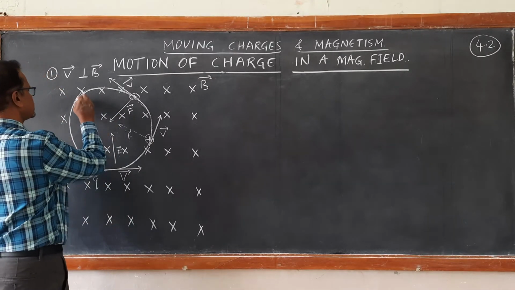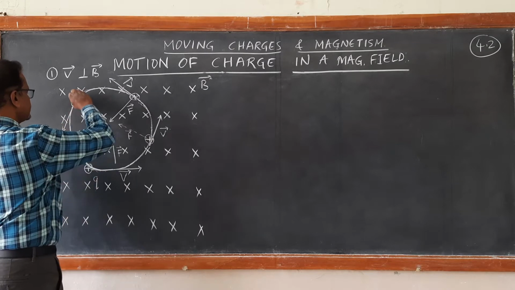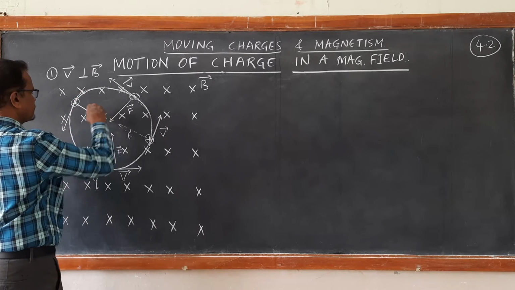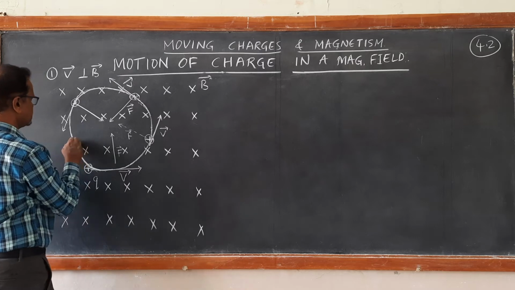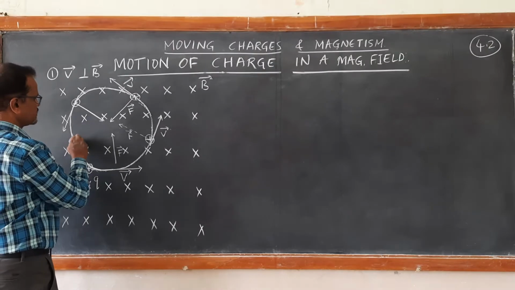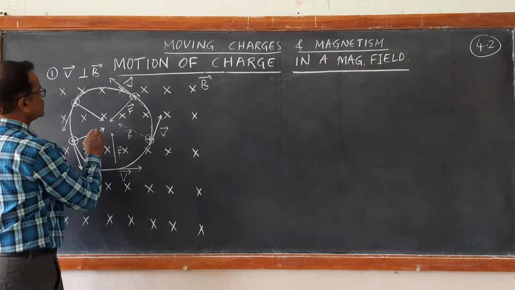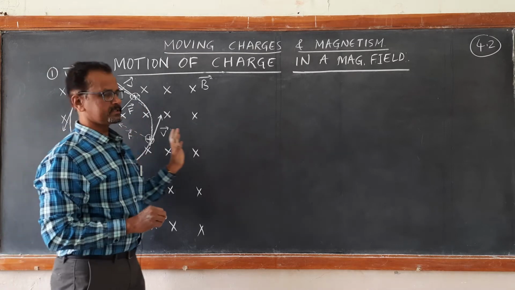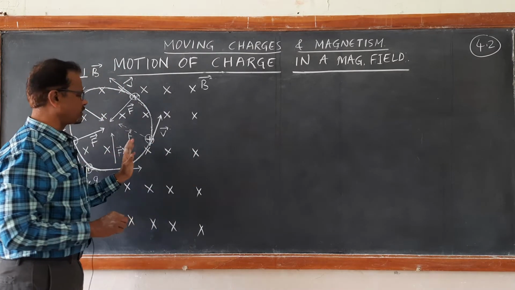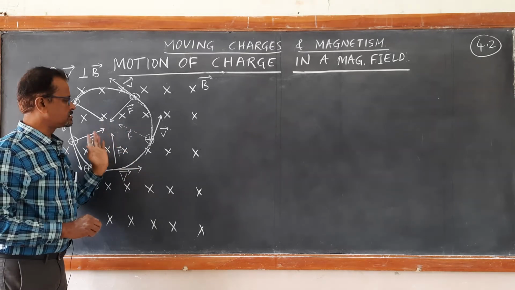So, everywhere the charge particle experiences Lorentz force which is acting inwards. Thus the particle undergoes what is known as circular motion. A charge particle moving with some velocity vector v in a perpendicular magnetic field undergoes rotational or circular motion.